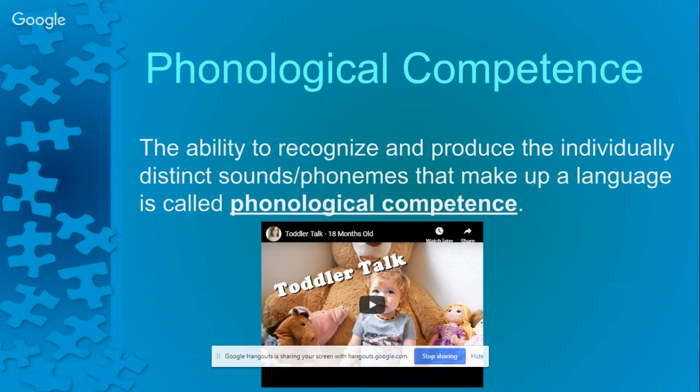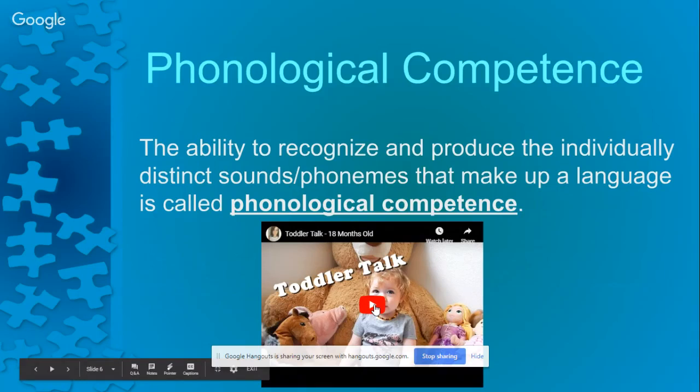And as they experience the world outside of the womb, they experience more and more the speech sounds that are distinct and unique to their language, and they learn to manipulate and use those speech sounds in a similar pattern to that of adults. Again, we call this phonological competence.